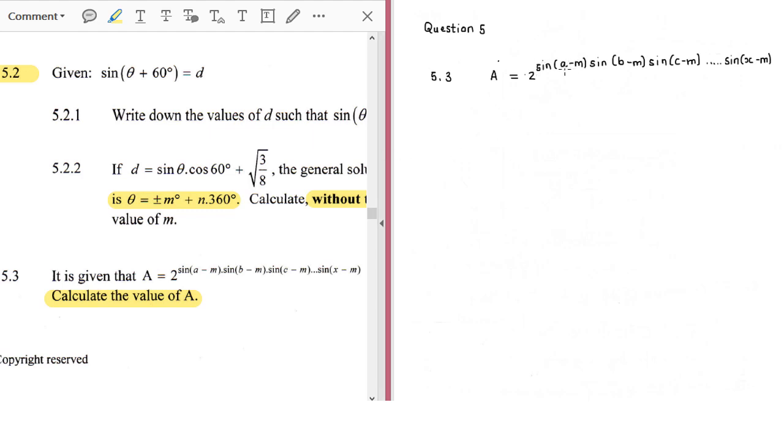Well, what's changing is this first angle. We have an angle A, then an angle B, then an angle C, and then it goes all the way up to an angle X, right?